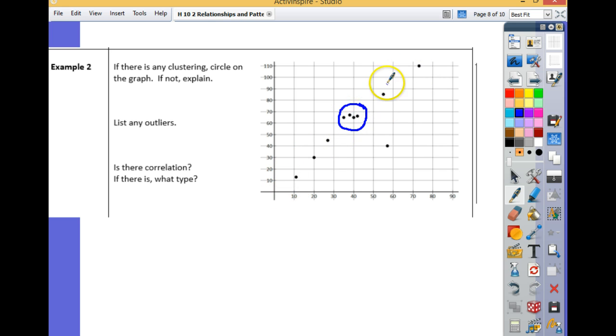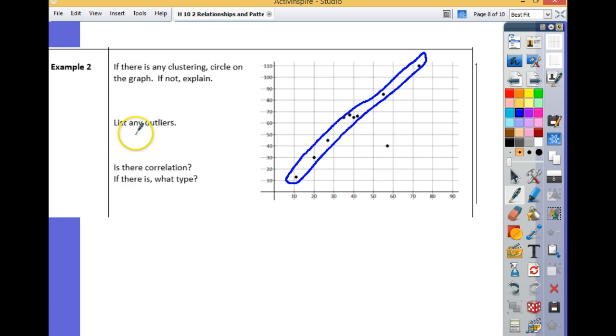Then everybody thinks all this is an outlier, when technically they're not outliers. So I like the way that the clustering is taught on this part of it. Do you see an association? Okay, so is it linear? And so we can circle this nice tight-knit group of data points right there.